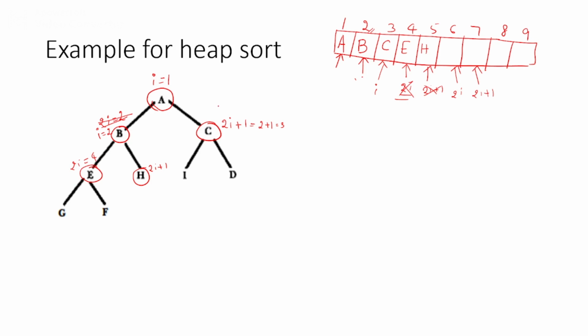So when I is equal to 3, that means C, 2i will be I and 2i plus 1 will be D. So 2i is I and 2i plus 1 is D.